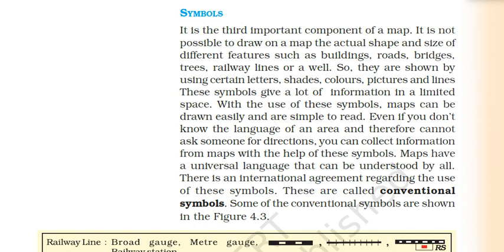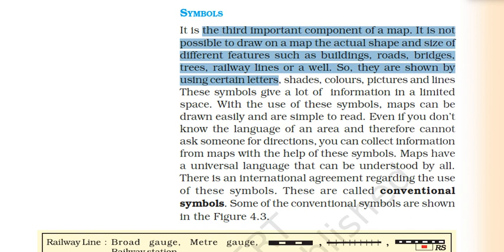Symbols. It is the third important component of a map. It is not possible to draw on a map the actual shape and size of different features such as buildings, roads, bridges, trees, railway lines, or a well. So they are shown by using certain letters, shades, colors, pictures, and lines.